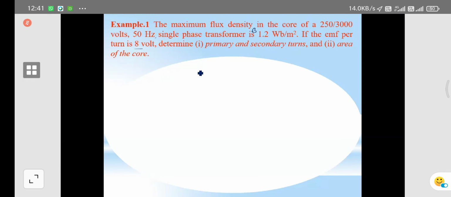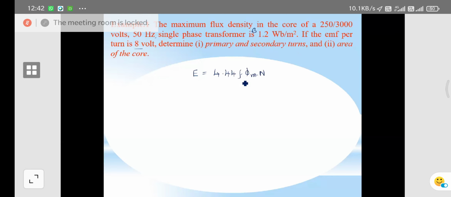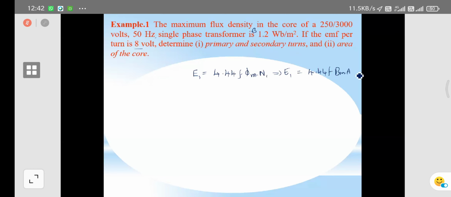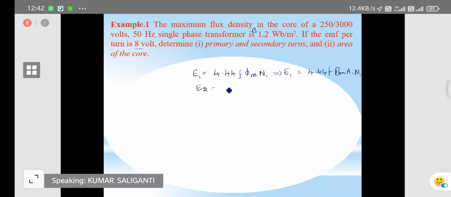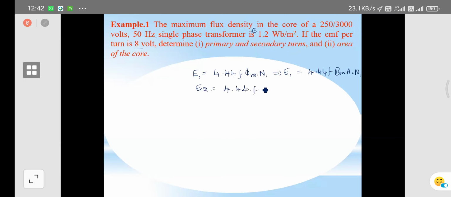As you know, E equal to 4.44 f Bm A N. So I will write E1 equal to 4.44 f Bm into A into N1, and similarly E2 equal to 4.44 f Bm into A into N2.